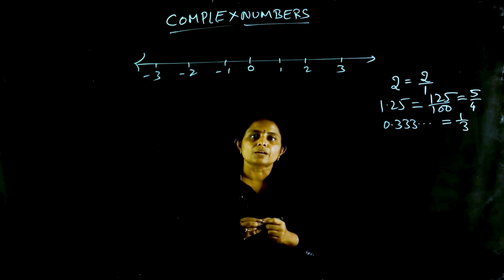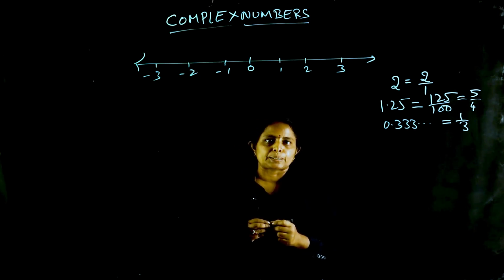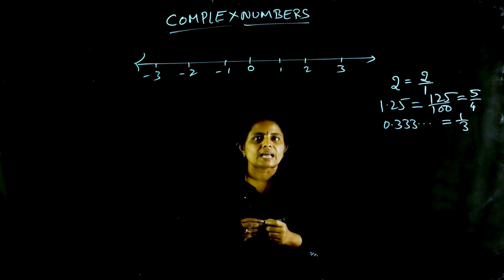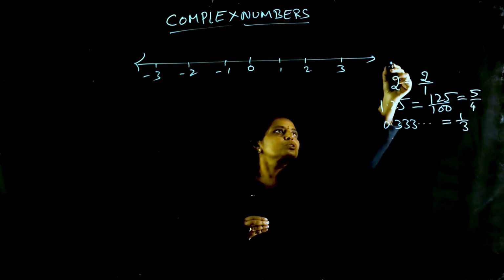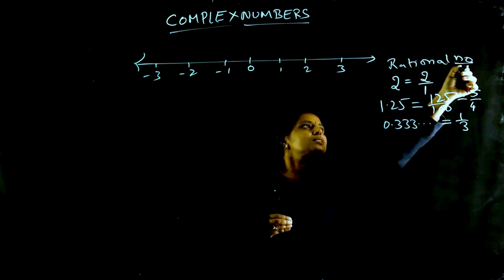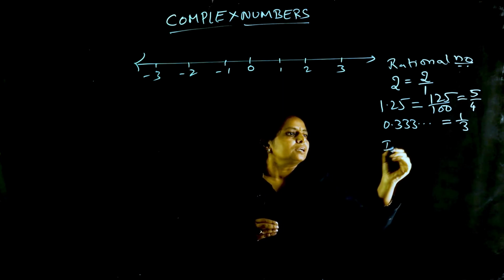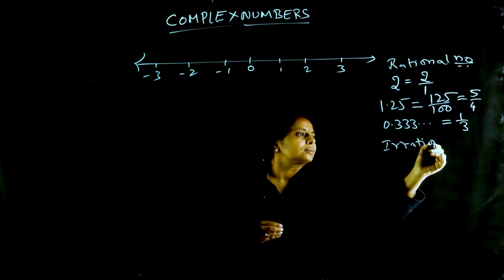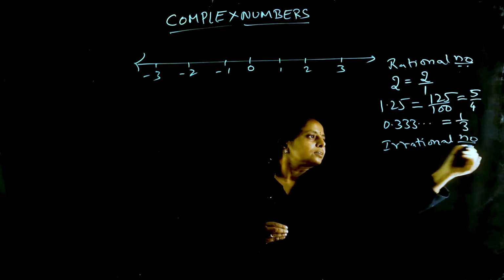So then, what are irrational numbers? Irrational numbers are those numbers which cannot be written as ratio of two integers. If we represent these irrational numbers in decimal notation, they are non-terminating and non-recurring decimals. Some examples of irrational numbers are root 2.